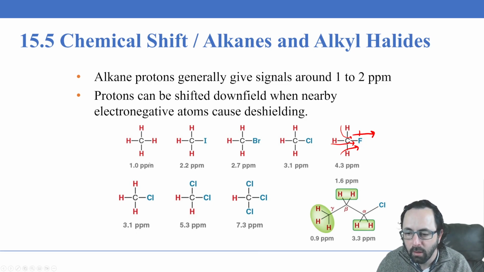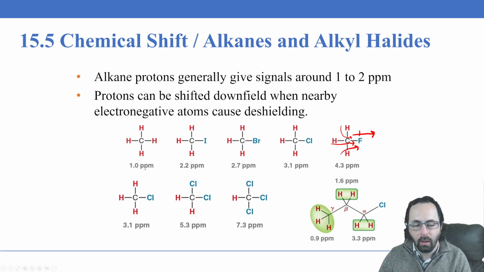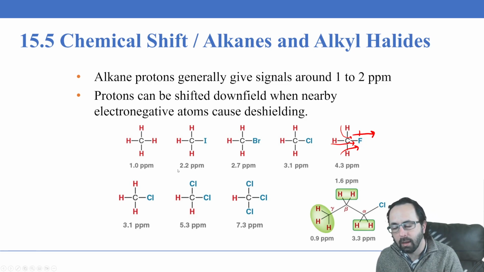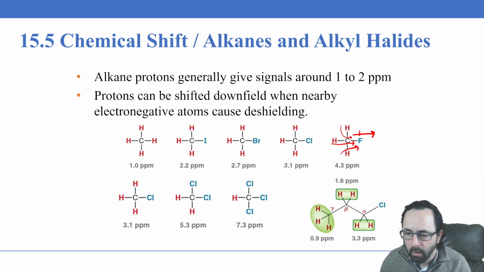Now, it's important to note that this inductive effect falls off very quickly as we move further and further away from the electronegative atom. So it's strongest for the hydrogens that are attached to the alpha carbon, or the carbon directly attached to the electronegative atom. It's reduced for the hydrogens attached to the beta carbon, that's 1 carbon away from the electronegative atom. So you can see that chemical shift is only 1.6 ppm here in the chloropropane.